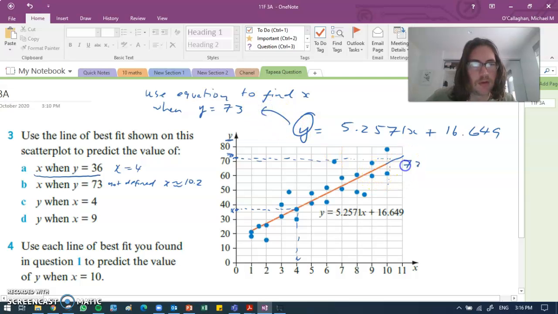So you get 73 is equal to 5.257x plus 16.649.